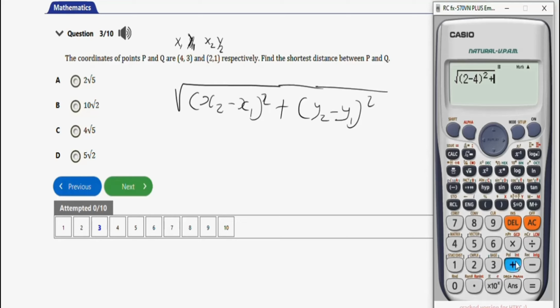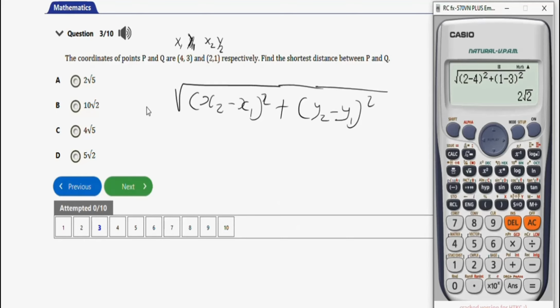Then we have plus in bracket our y2 is 1 minus our y1 is 3, close the brackets. Okay, so that's basically what we have. So let's press equal to now to get the output. Alright, so let's press equal to. We have it to be what?